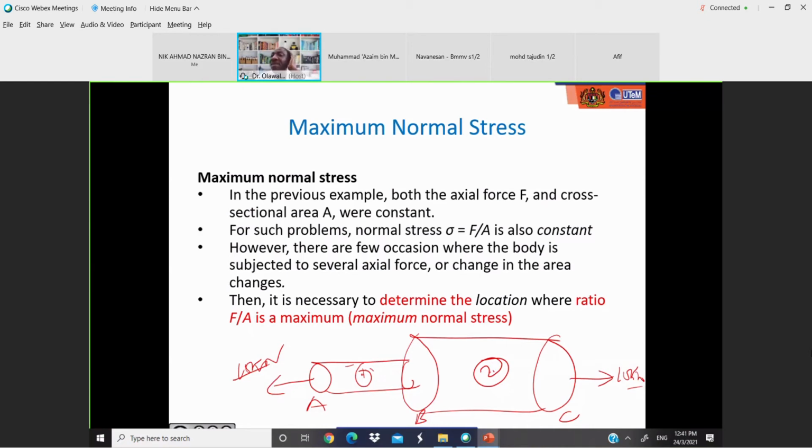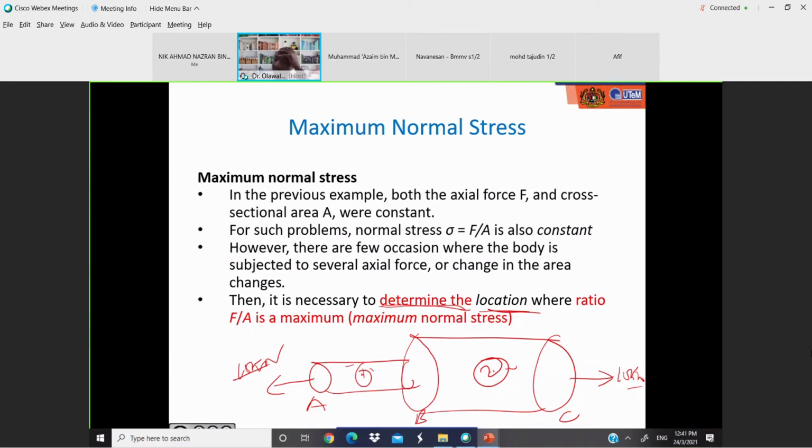So in this case, your stress is going to be bigger in either 2 or 1. So in those cases, you need to determine the location where your stress is maximum.